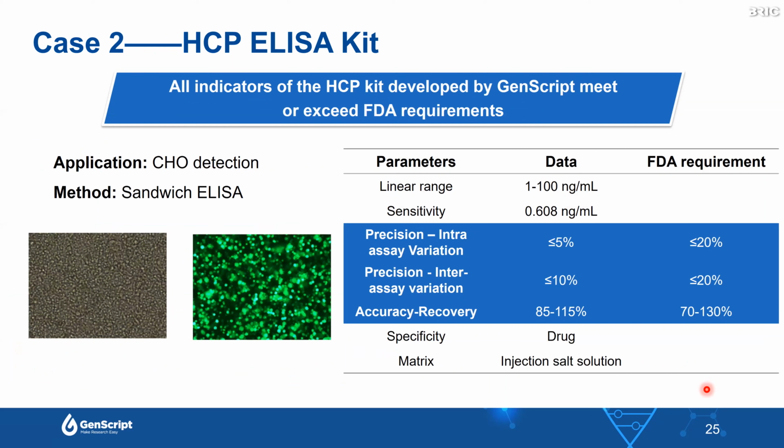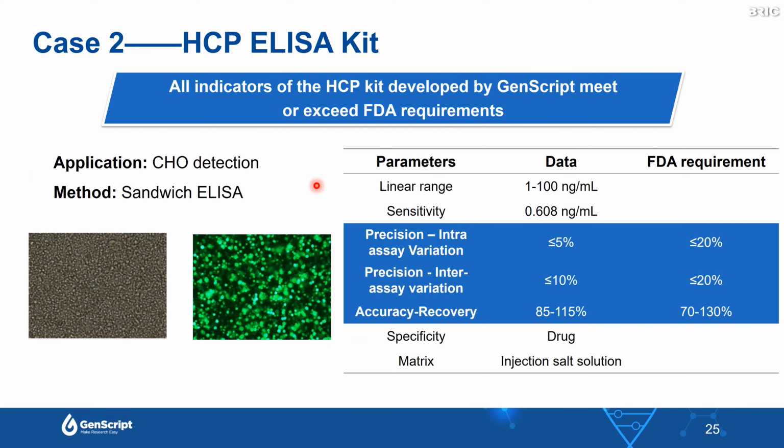This is one example of our in-house generated HCP ELISA kit cases. In this ELISA application, we would like to detect CHO protein, as we know that CHO cells are widely used in therapeutic drug development. This is to test whether any residues remain in the drug.